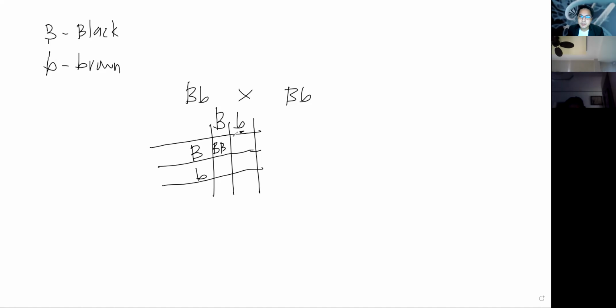So this one is heterozygous black, another heterozygous black. Look at capital letter B and small letter b. And this one is a brown. If you're going to look at it, it has a lot of variations.